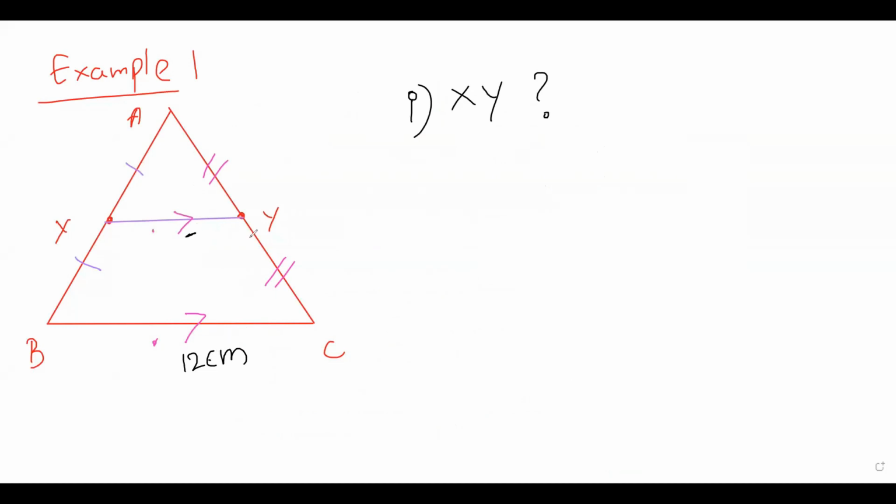According to the midpoint theorem, XY should be half of this one, so 12 divided by 2, because these points are midpoints. That is 6 centimeters. XY equals 6 centimeters.